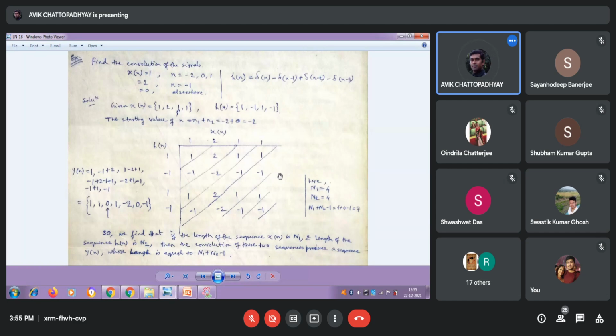Now, in the discrete time domain, or dealing with the digital signals or discrete time signals, we have some advantages. As I mentioned in the last class also, in the discrete time domain there are several types of tricks, several mechanical methods with which we can do the convolution very easily.